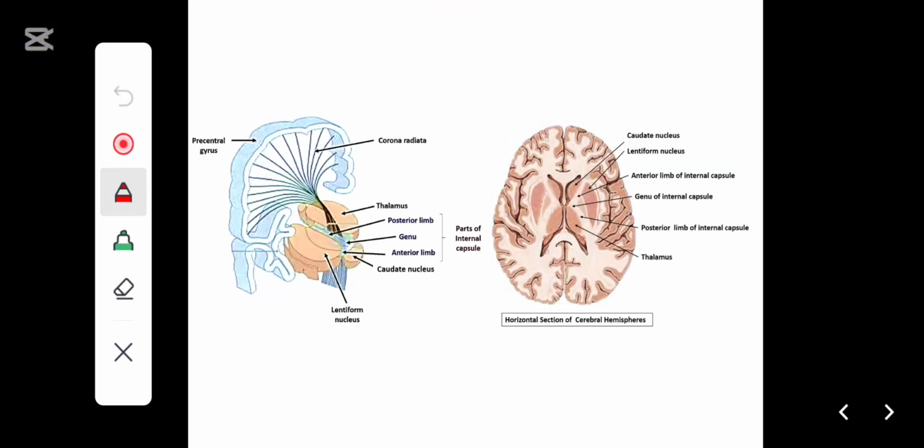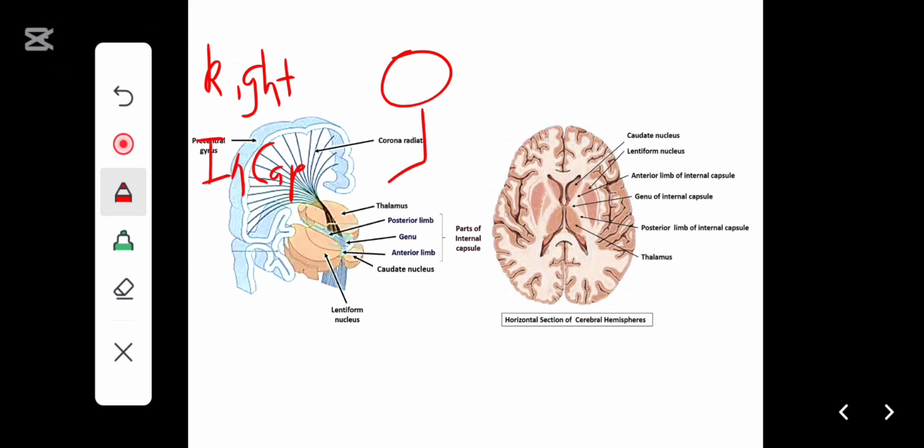This is what we're going to be seeing as we look at the internal capsule. If they tell you that the posterior limb of the right side of the internal capsule has been injured, how do you expect the presentation to be?